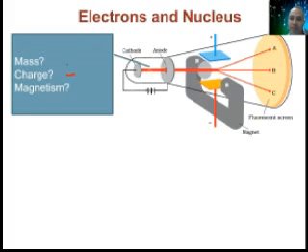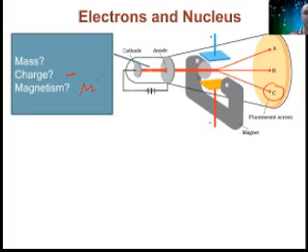And if you apply a magnetic field perpendicular to the path of the beam, you will find that the beam gets attracted to the magnetic field, as you can see by this spot right here, which means it has a magnetic moment on it. So it's a particle that is negatively charged and has a magnetic moment.